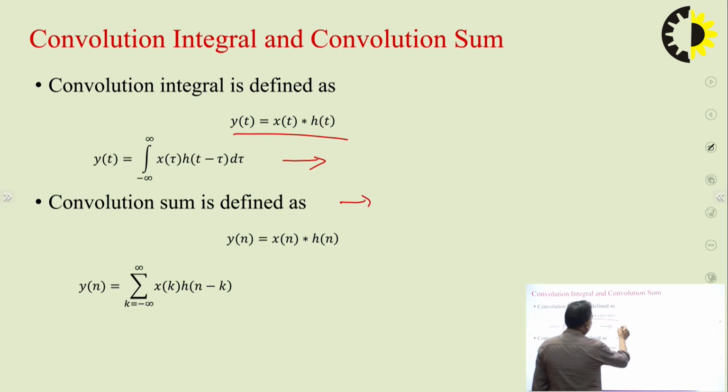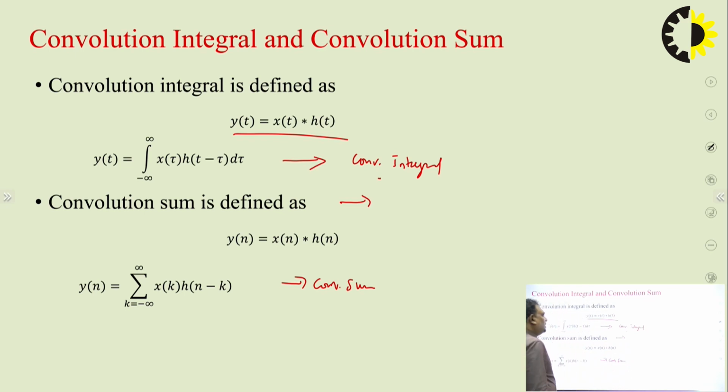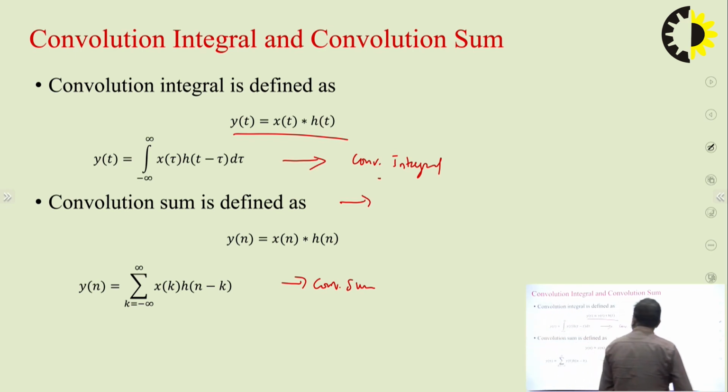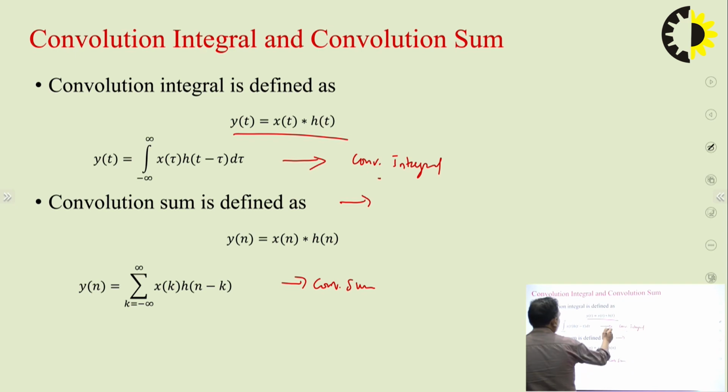So this is your convolution integral equation, and this is your definition of the convolution sum. So we can find the convolution integral and convolution sum if we have the input applied and the impulse response. This is for continuous time systems, and this is for discrete time systems.